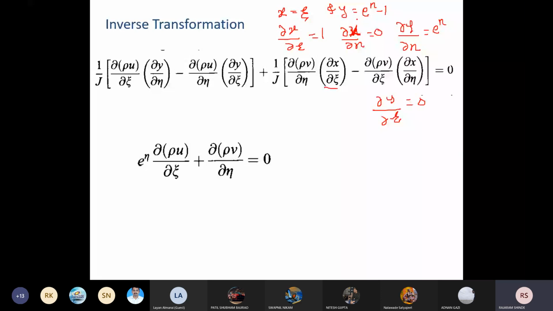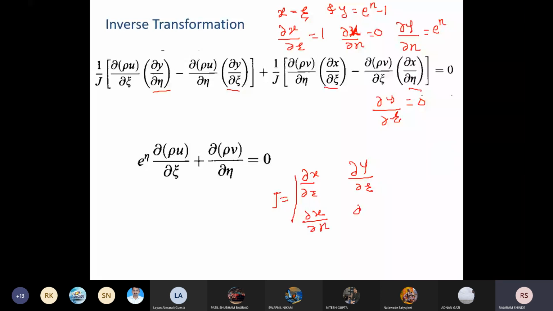Now you have calculated this term and these two terms. Now we need to calculate the Jacobian. Now you know the Jacobian matrix, and the determinant of the Jacobian is J, with the rows ∂x/∂ξ, ∂y/∂ξ, and ∂x/∂η, ∂y/∂η.